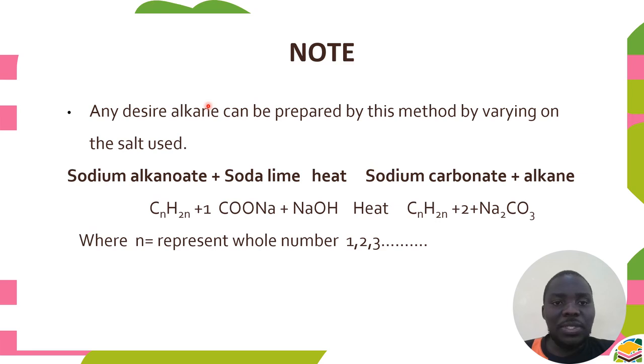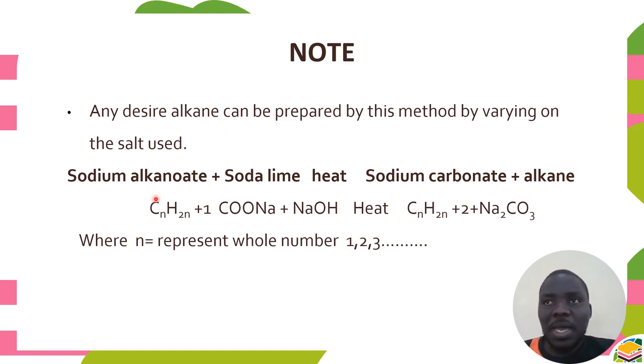So you always check the alkane that you want to prepare. If we want to prepare an alkane which has two carbons, it means the salt will have three carbons, such that the two carbons will be responsible for the preparation of the alkane, and the other one will be part of the sodium carbonate which is going to be formed.